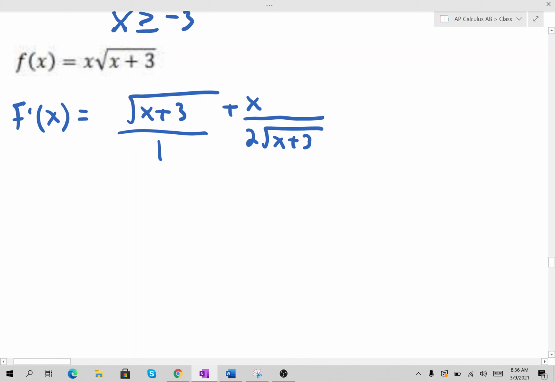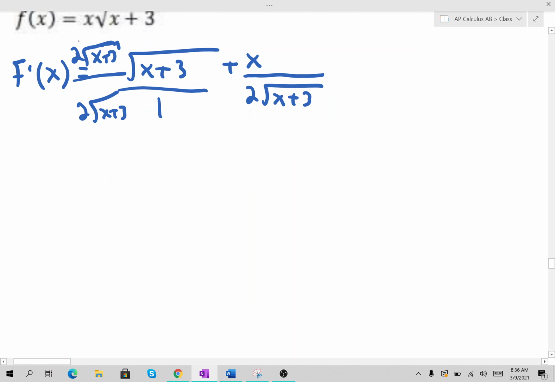To get my common denominator, I need to multiply this by 2 root x plus 3 over 2 root x plus 3, like a big fraction, really multiplying by a 1. Make sure that goes all the way across. And when you multiply 2 root x plus 3 times root x plus 3, you get 2 times x plus 3.